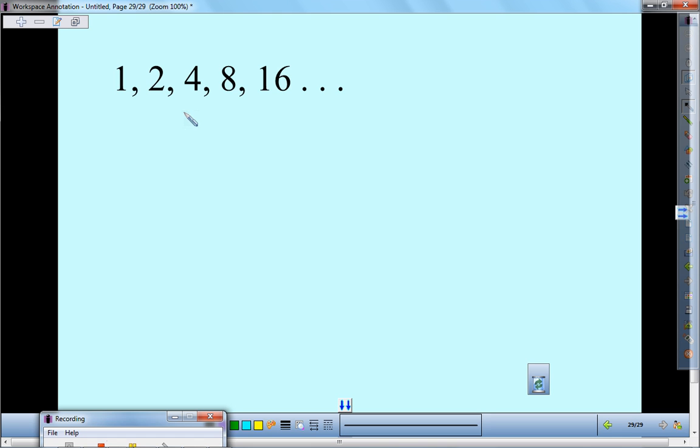Now, to find the common ratio, if we weren't sure what it was, we can take any two numbers in sequence and divide them. I'm going to take 2 and 4. If I divide 4 by 2, I get 2. So that's a common ratio of 2. I can do the same thing with 4 and 8. Take 8 and divide by 4, and we get 2.